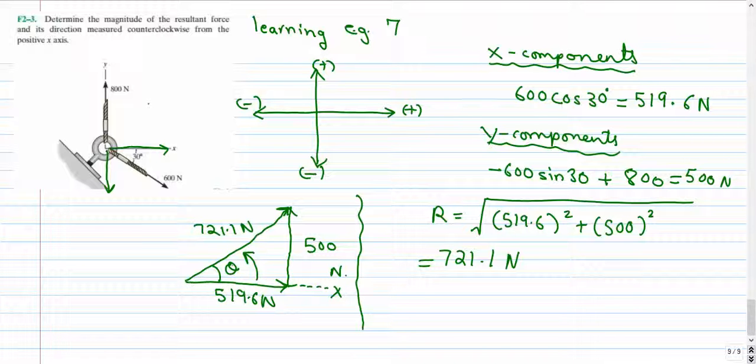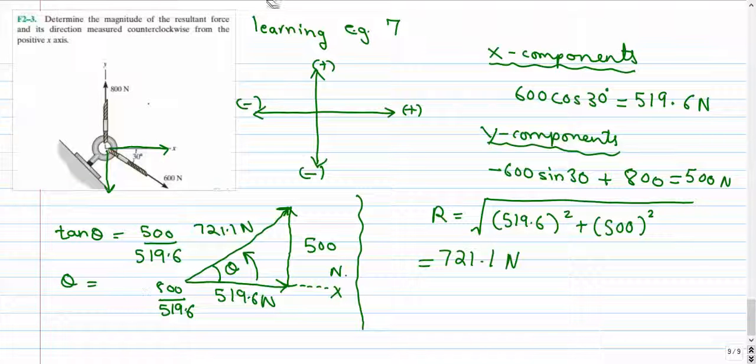So to get this angle, simply apply the trigonometric identity tangent of theta. So tan of theta would be equal to 500 divided by 519.6. Theta would be equal to arctan of 500 over 519.6.